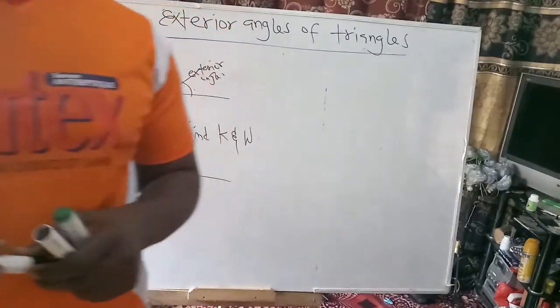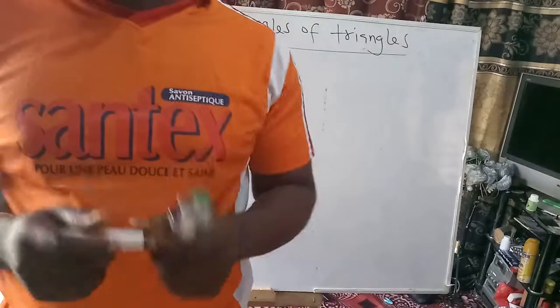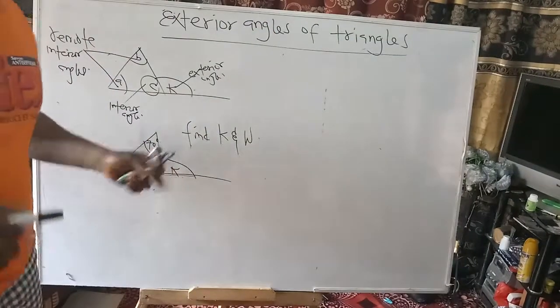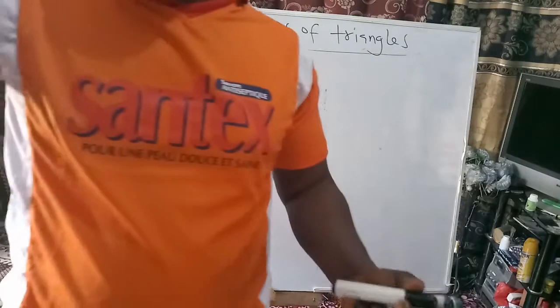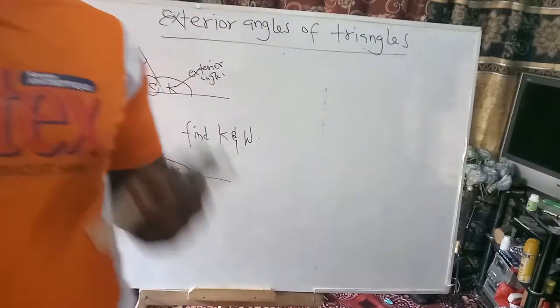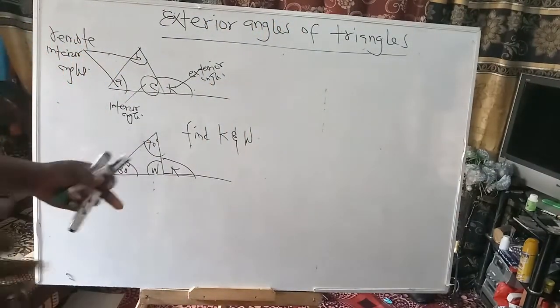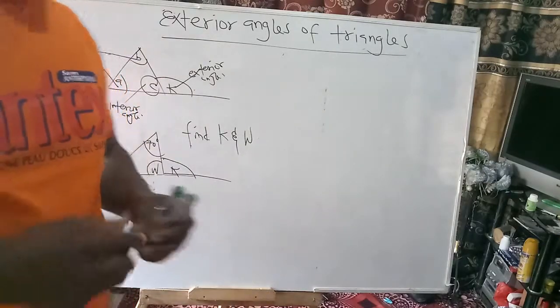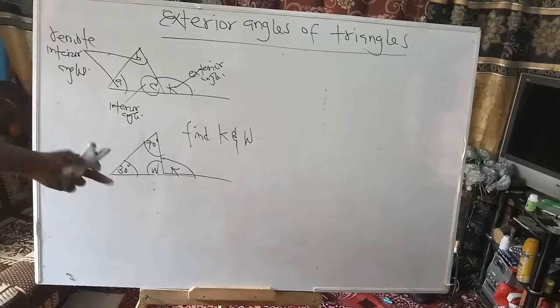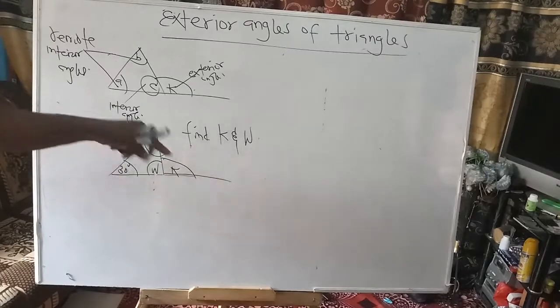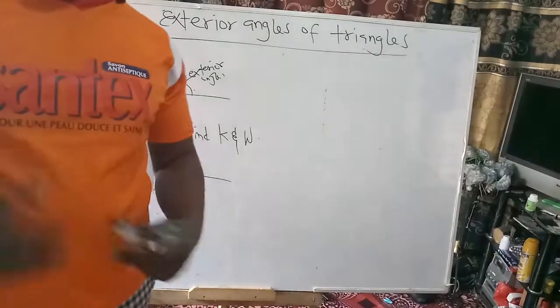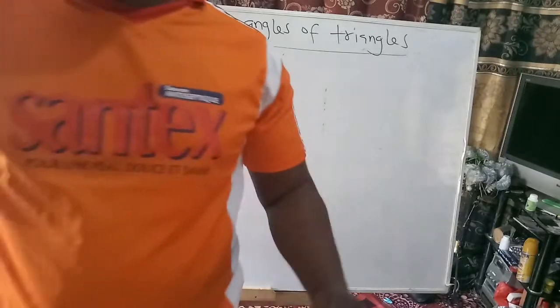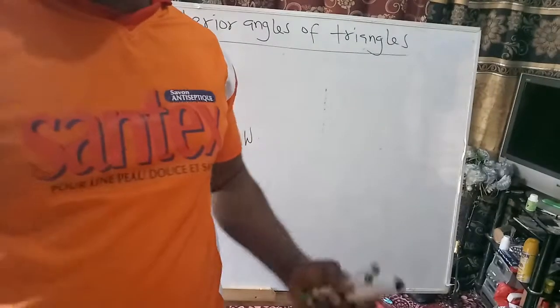It's nothing so difficult. We can solve this per the definition that we know, or we can also solve it in two different ways. The definition tells us that the exterior angle of a triangle is the sum of the two remote interior angles.